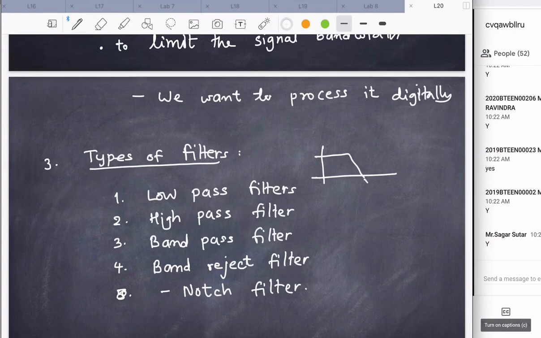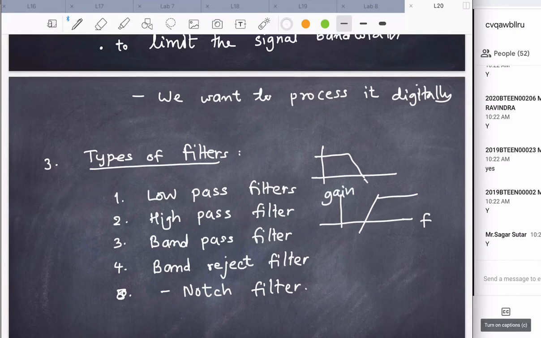The high pass filter is shown like this, where the lower frequencies are not present in the output, but higher frequencies are present. So, this is second thing. Remember, this is frequency and this is gain.